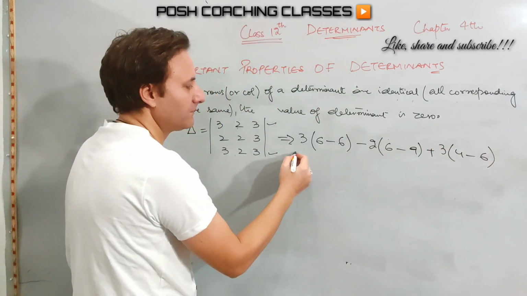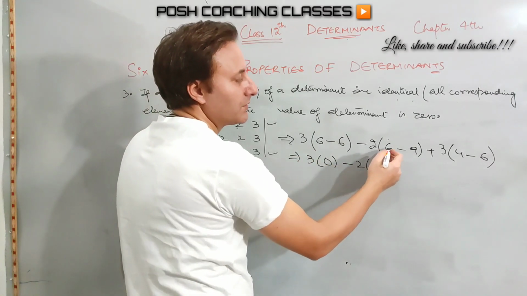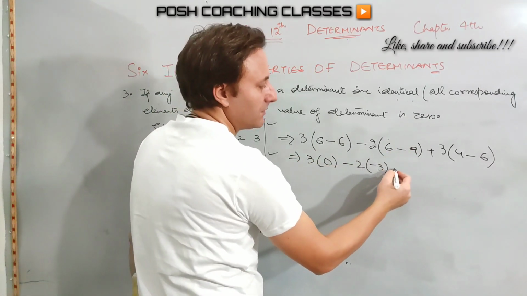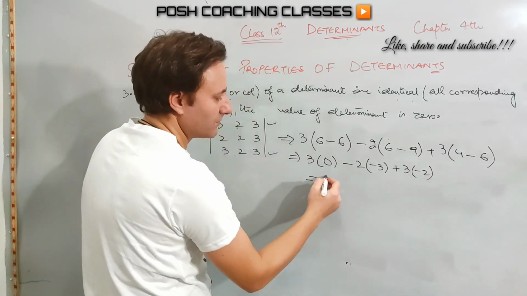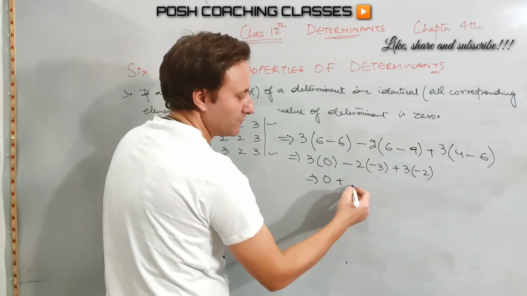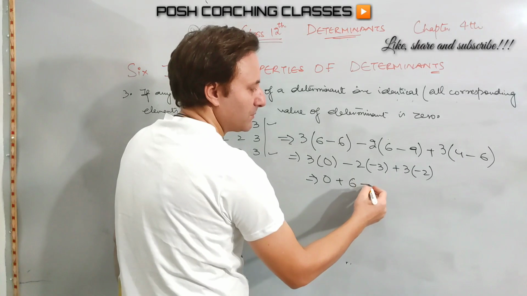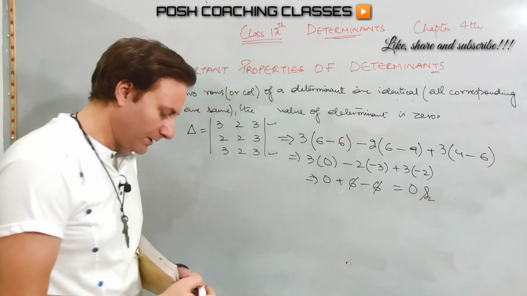So what do I have? It is 3 multiplied by 0, minus 2 times 6 minus 3, plus 3 times minus 2. So this is 0. Then minus minus means plus 2 into 3, 6. Plus minus is minus 6. That means 0. So quite a simple one.